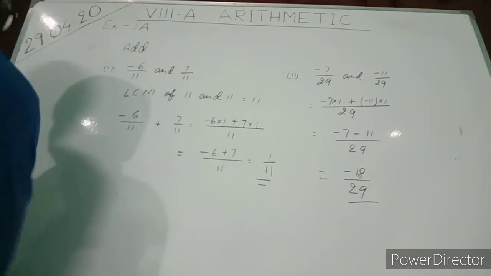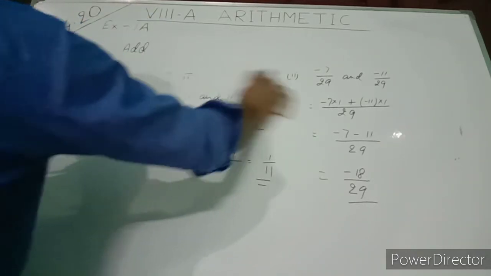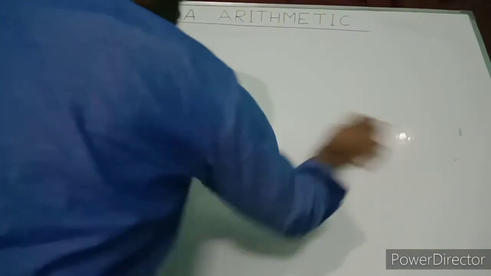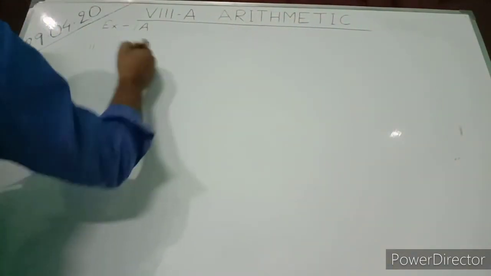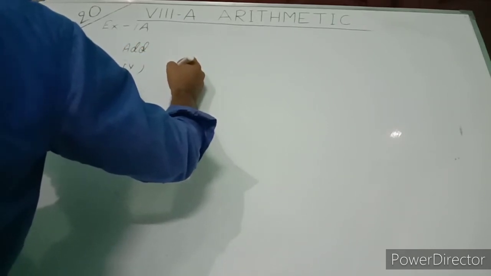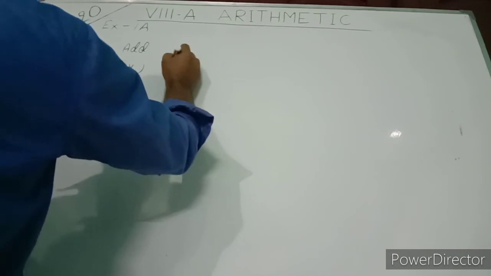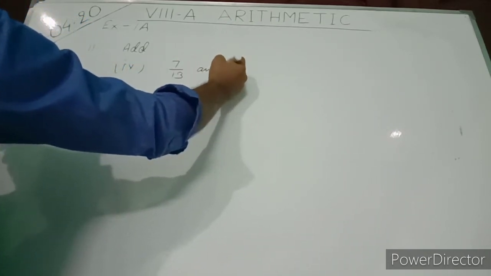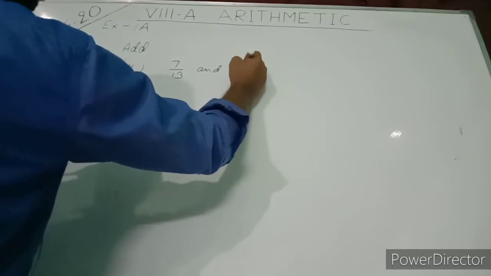Then now question number 4. In question number 4, the question is 7 by 13 and 5 by 65.